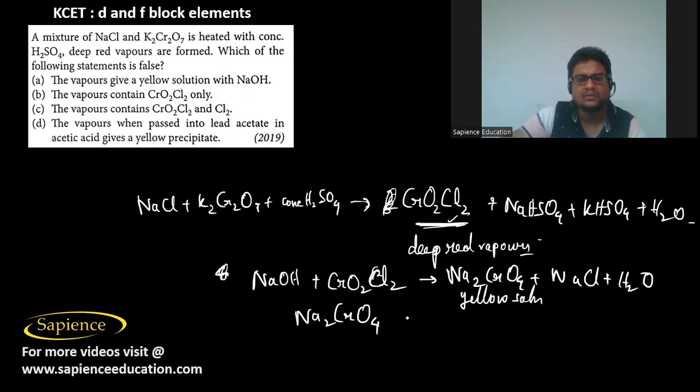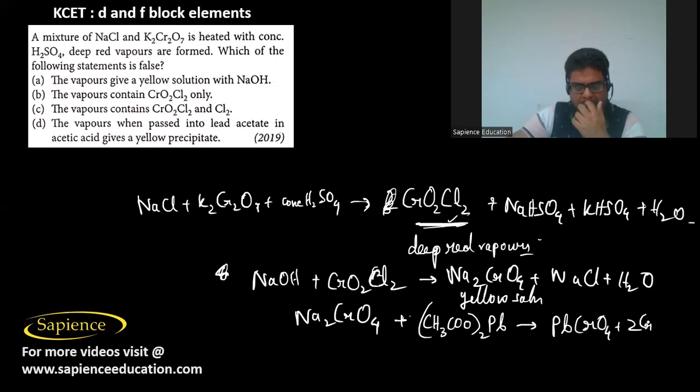Then this Na2CrO4, which is the sodium chromate, will again react with lead acetate to form lead chromate and sodium acetate. So here the lead chromate is the yellow precipitate.